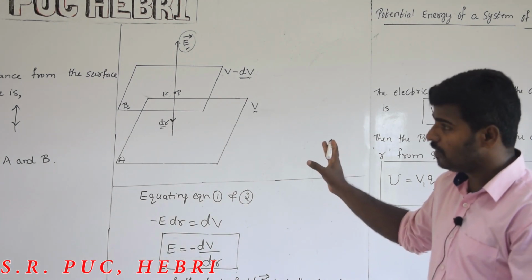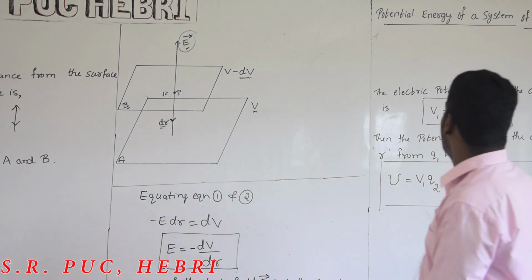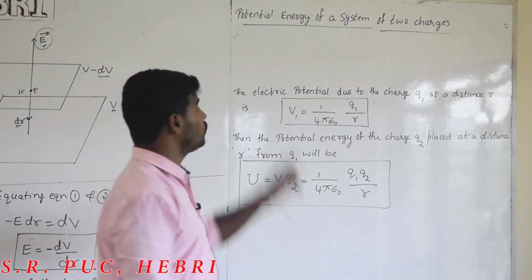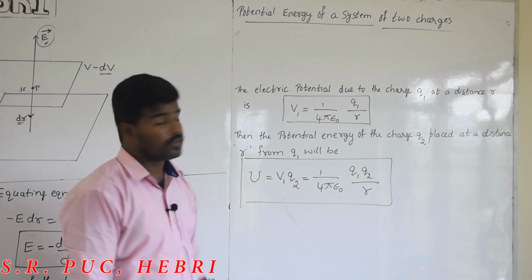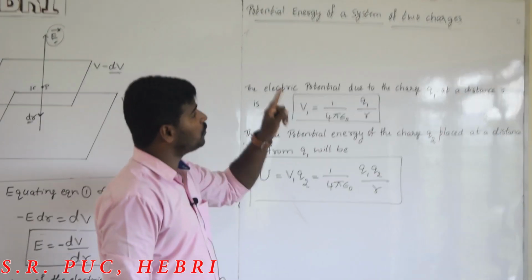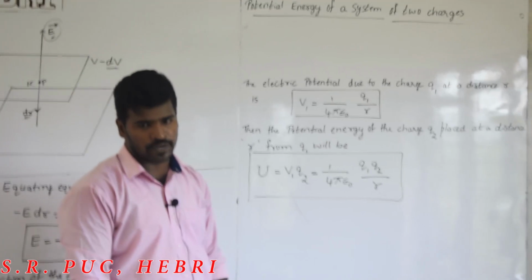Is it clear? The next concept: potential energy of a system of 2 charges in the absence of an external electric field.